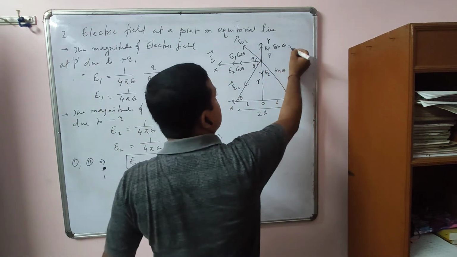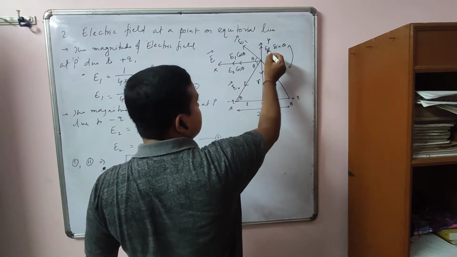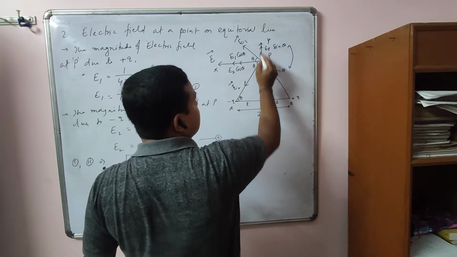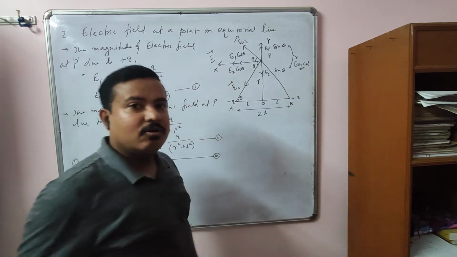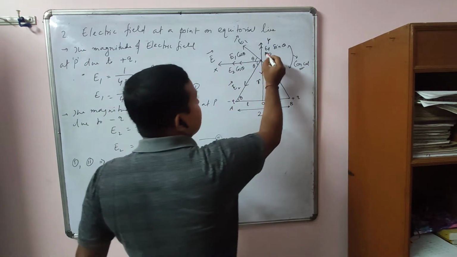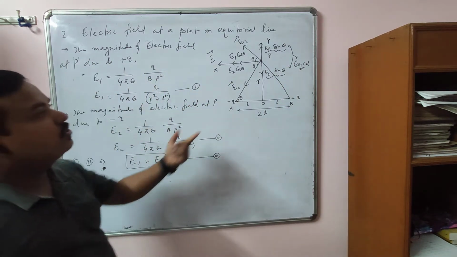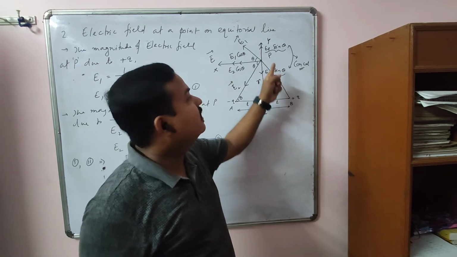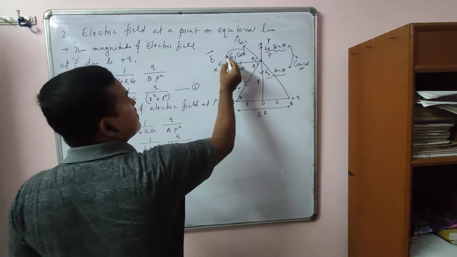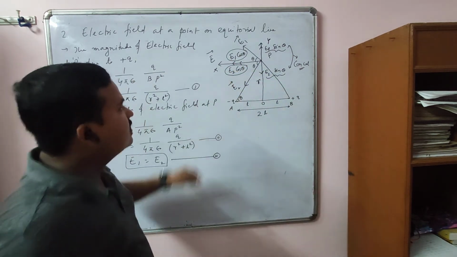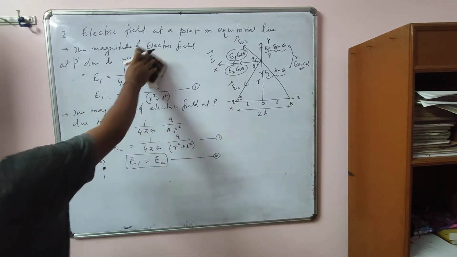Since E1 is equal to E2, E1 sin theta is upward and E2 sin theta is downward, equal but opposite, so they cancel out. What remains is E1 cos theta and E2 cos theta, in the same direction. So what is the total field?